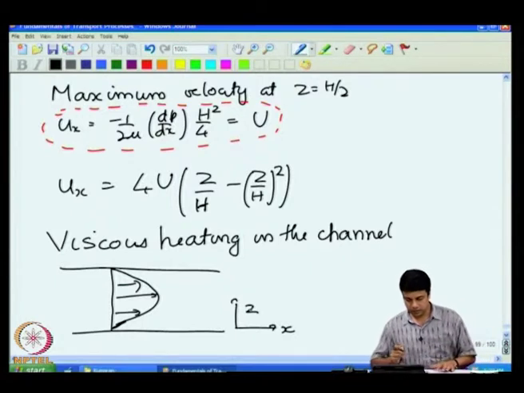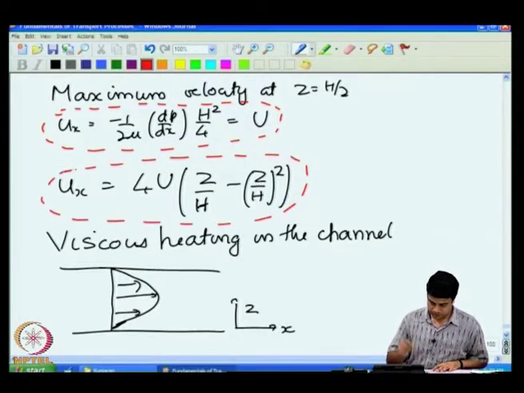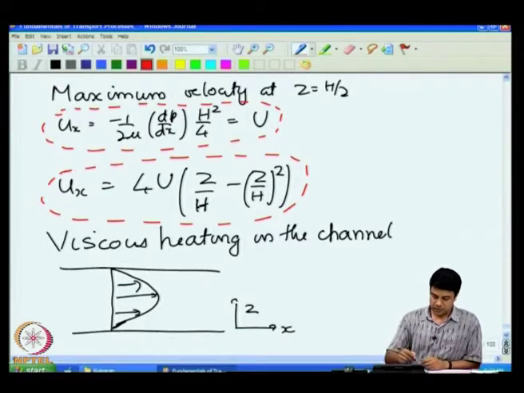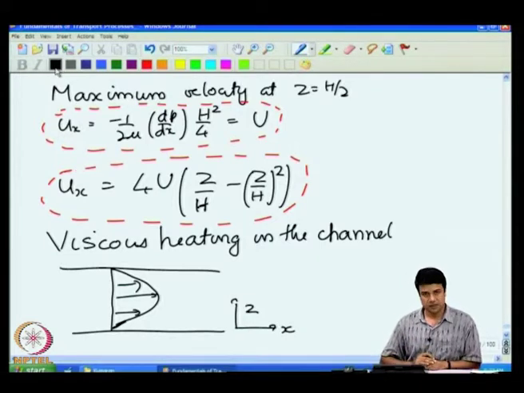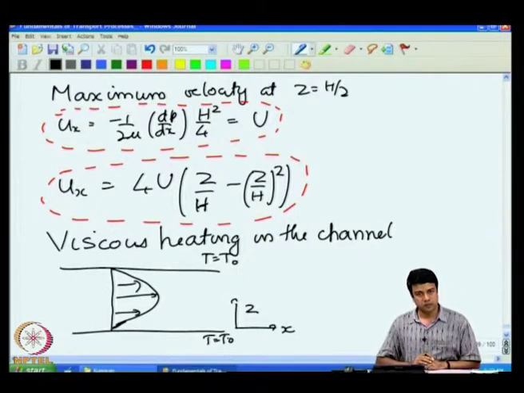I know that the velocity profile is given by this profile, and I want to know what is the temperature. Okay. So, we are maintaining, for example, in a heat exchanger problem, the temperature T equal to T naught on both walls, and we would like to know what is the temperature within the fluid due to the viscous heating. Okay. So, that is the problem.